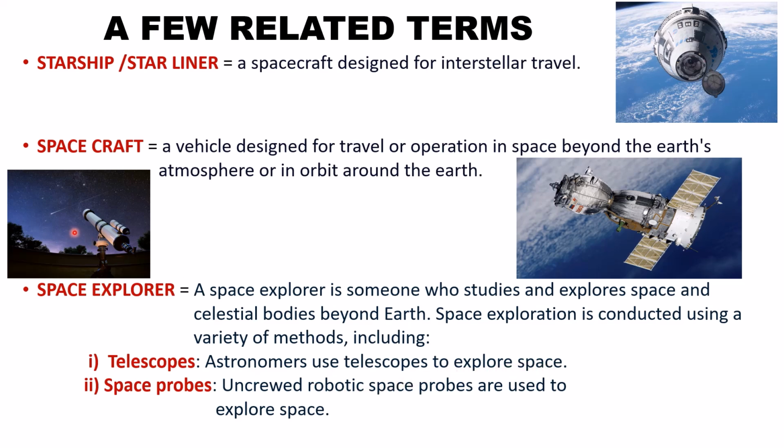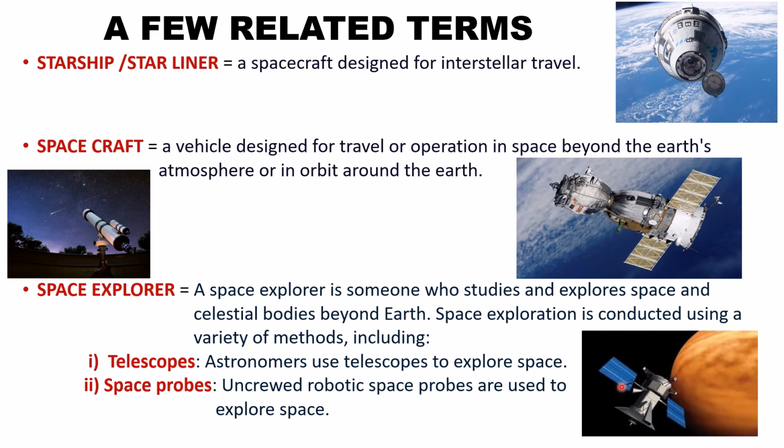Means they are used to look at the far off things into the sky, the things which we cannot observe with our naked eye. Then the space probes. These are the uncrewed robotic space probes which are used to explore space. Uncrewed means no human beings will be there, only robots will be there to explore the space.